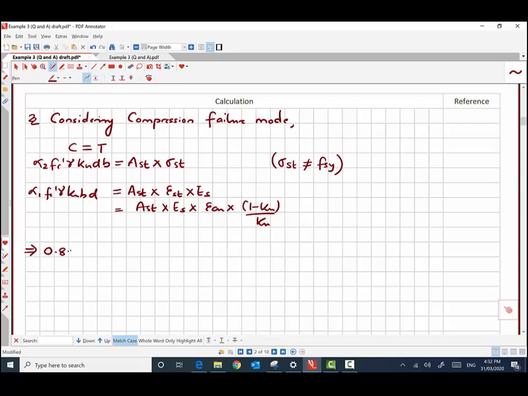Alpha is 0.80, fc' is 32 megapascal, gamma is 0.89, d is 430, and b is 330, and area of steel is 3694. Young's modulus of steel is 200,000. Epsilon c is 0.003.